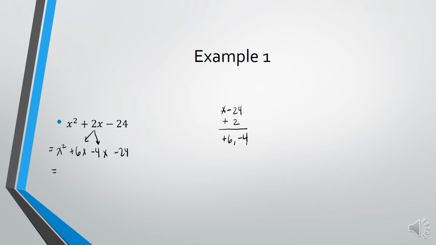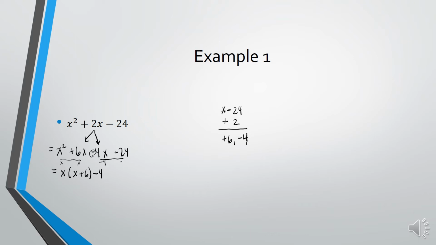From there, we're going to factor like we did in the previous video. For x squared plus 6x, my greatest common factor is x. So I'll divide both pieces by x, which leaves me with x plus 6. For my next two terms, the greatest common factor is a minus 4, because this was a negative 4x.